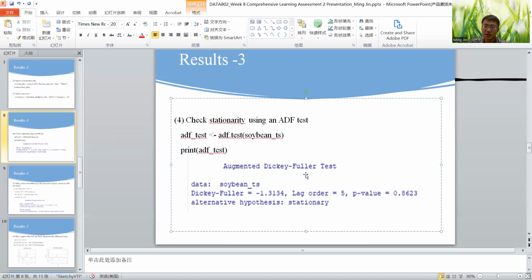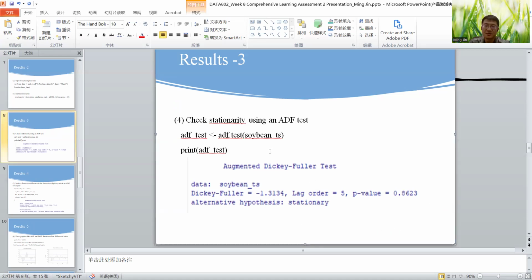From the test result, we can see that the p-value is 0.8623. It is above the 5% threshold. So we can say that the original series of the US soybean prices is not stationary.